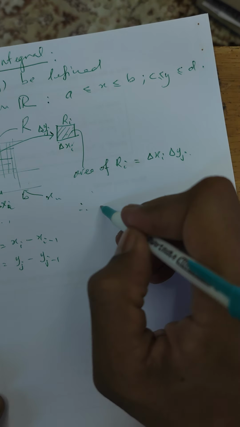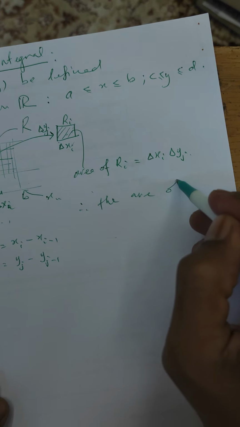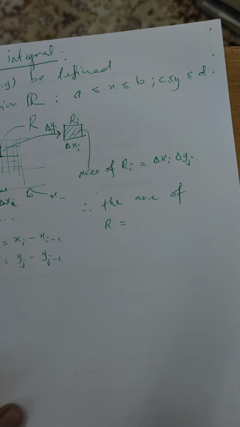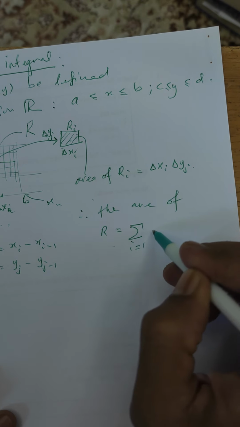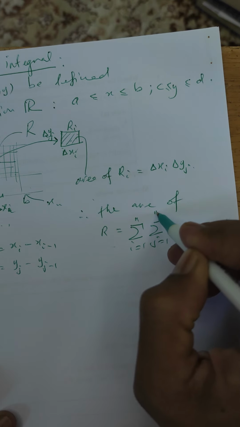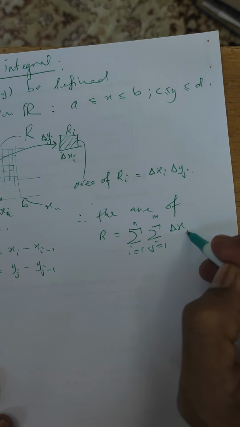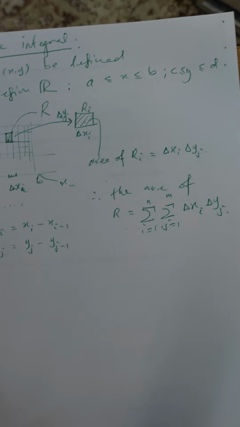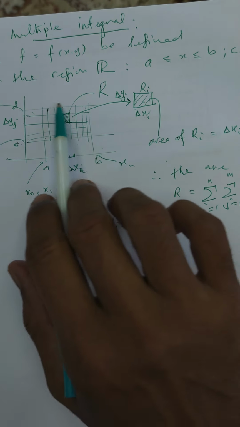Therefore the area of R is the sum for i from 1 to n and j from 1 to m of delta xi delta yj. That will give us the area of that region.